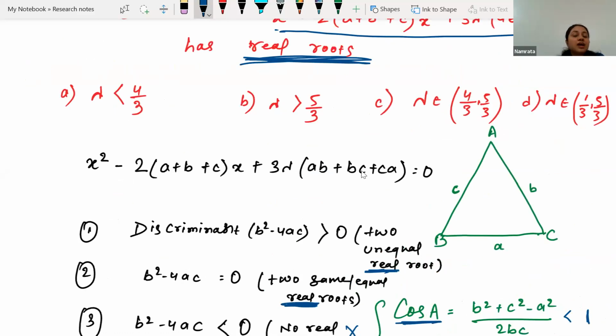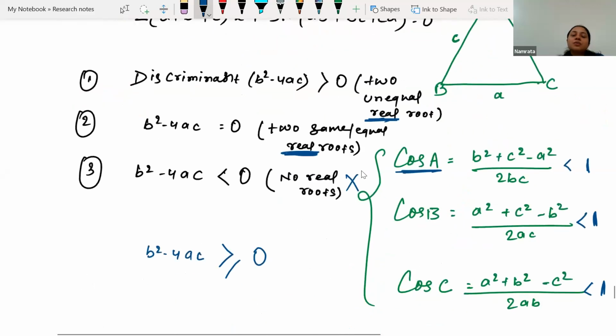Now you are in class 11, you must have done the inequality chapter. There you must have seen this greater than or equals to sign, less than or equals to sign, right? So that's why I am taking the combination of the first and second rule, that means the greater than or equals to sign.